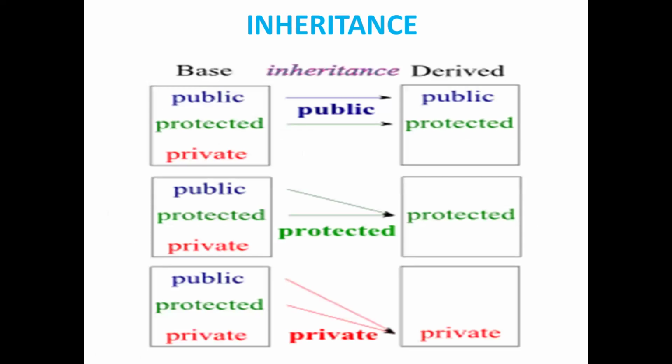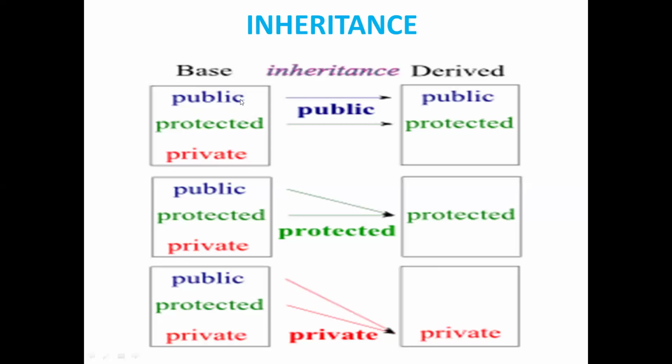If we talk about how we do inheritance, there are three access levels in classes: private, public, and protected. If we want to inherit the data in the public mode, then both public and protected data of a base class will be inherited by the derived class.